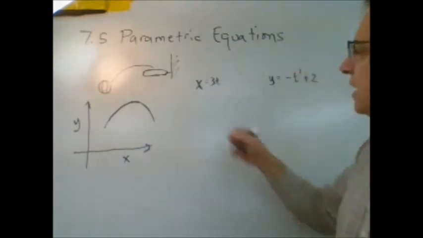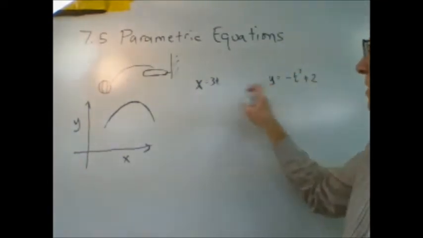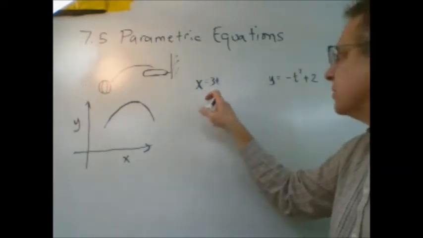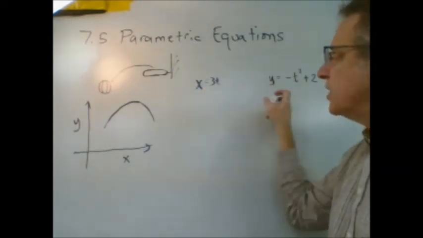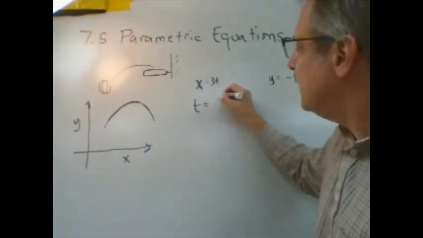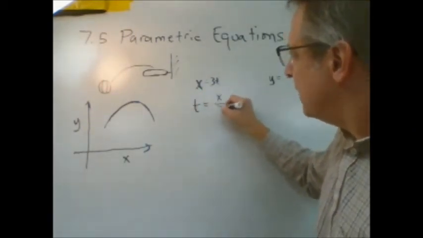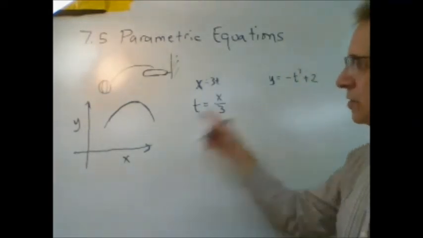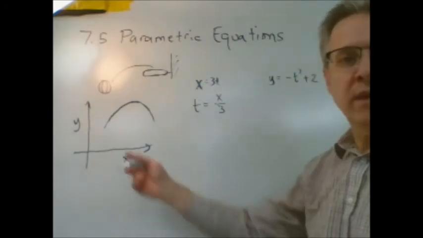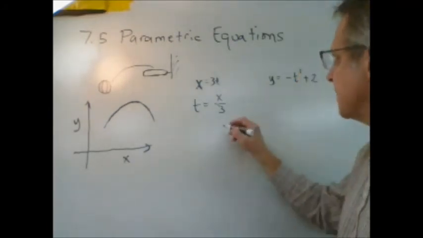We'll notice that we have an instance where we can reduce these two equations with three unknowns by solving this for t, and then we can get one equation with two unknowns, which is exactly what we've been graphing in math for quite some time.